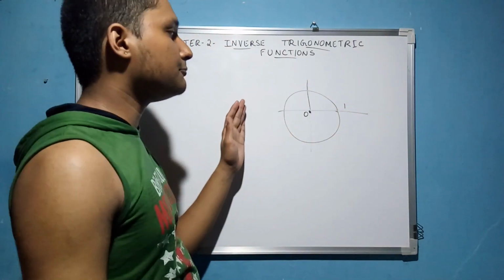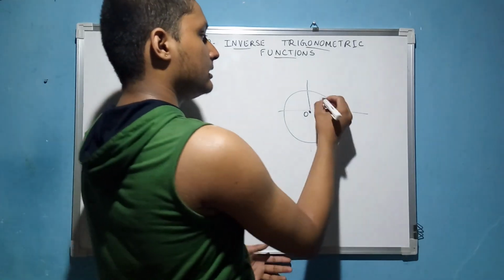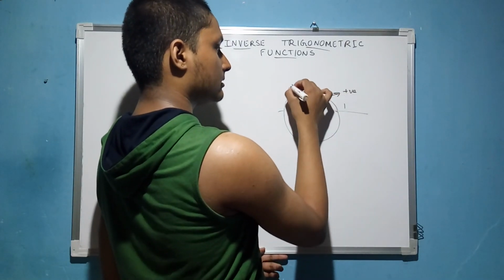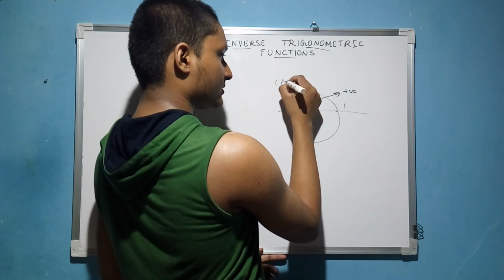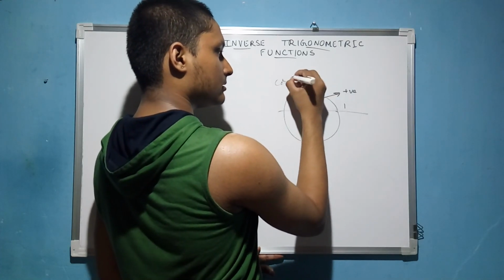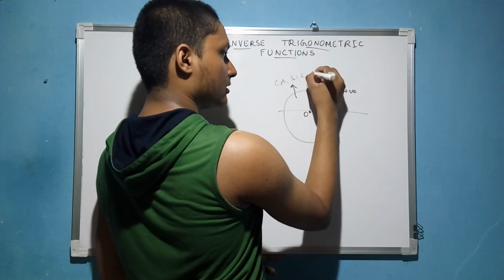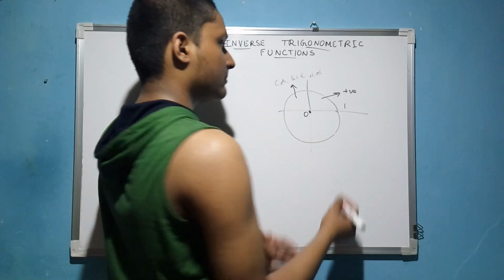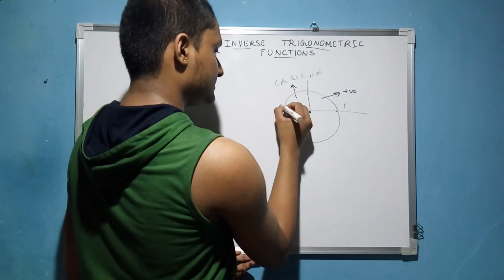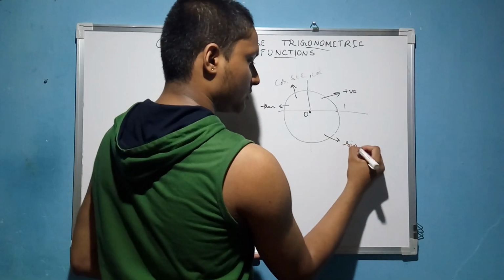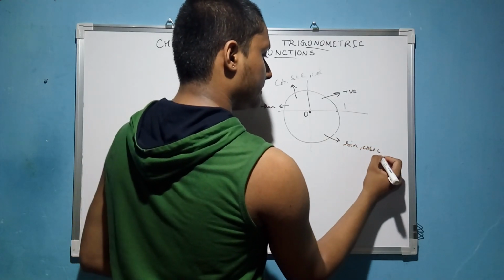In the unit circle, we know that here all of them are positive. Here cos and cos related things, that is sec and cot. Even tan is there, but we are not considering that. Here we have sine, cosec and tan.